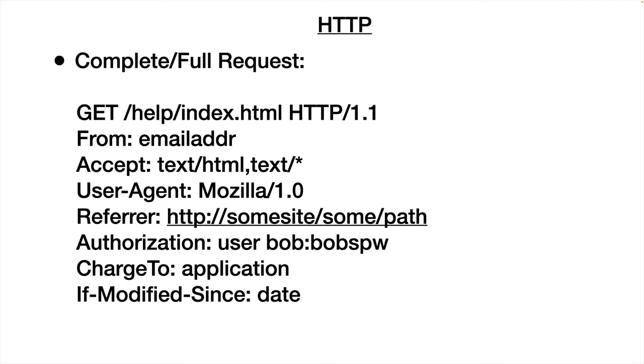I've never seen this in use, but you can have a charge to that basically says what account or accounting information will you use to charge access to this website. And then you can also say, I want the web page if it's been modified since a particular date. And there's a lot more things that you can have in the request.